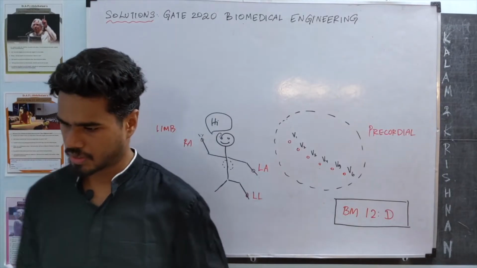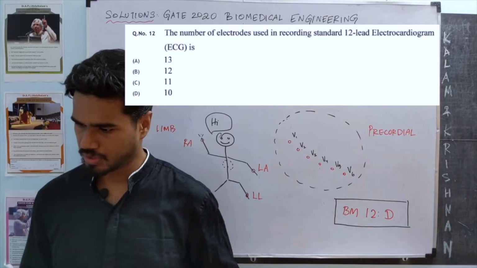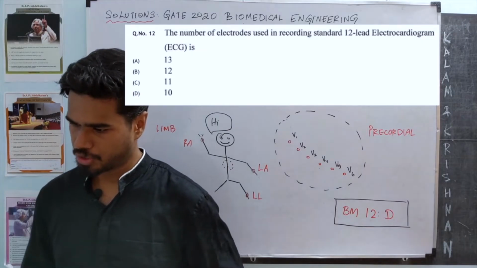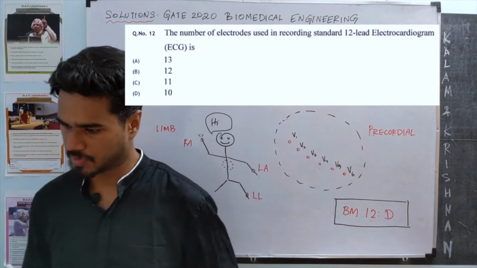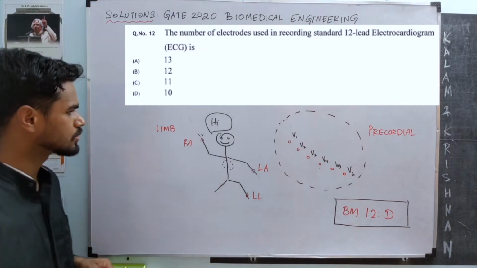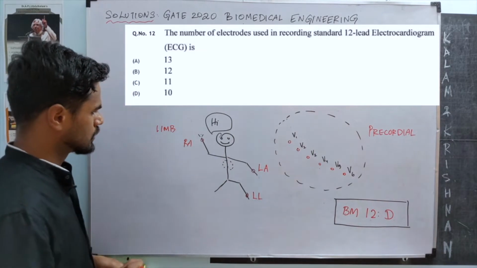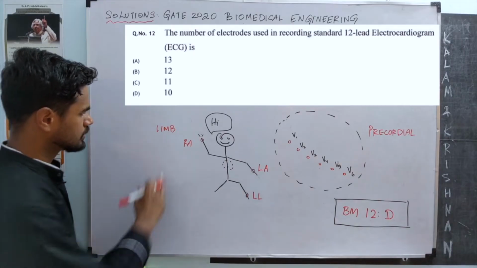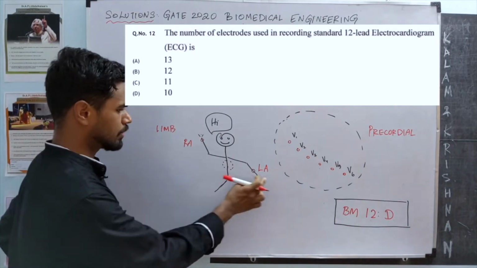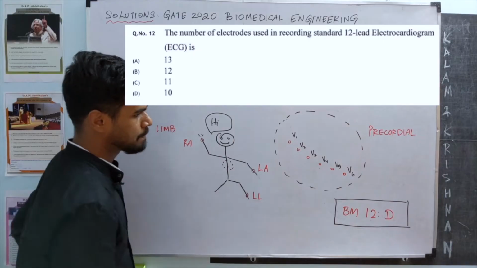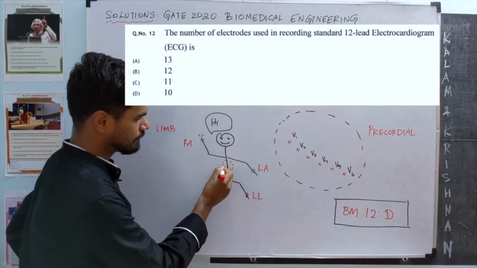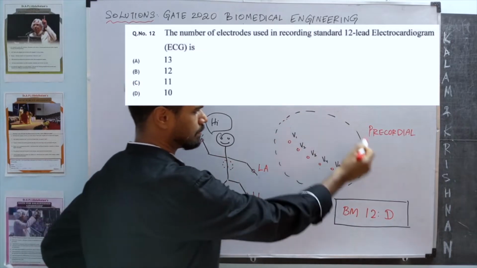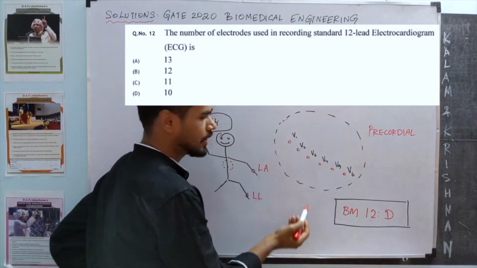12th question. The number of electrodes used in recording a standard 12-lead electrocardiogram, that is ECG, is. So, the number of electrodes used for recording. We have 3 limb electrodes, the right arm, left arm and left leg. And then in the chest we have 6 precordial electrodes, right?